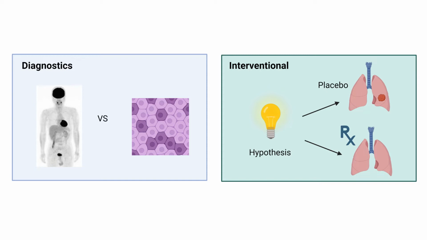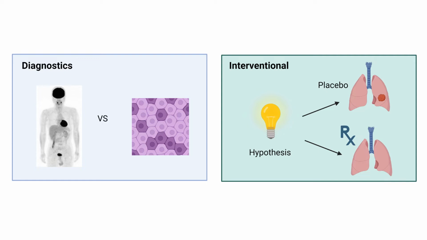The differences between diagnostics and interventional studies also come into play when we look at bias. So you have to have specific investigations to see what diagnostic bias looks like, and you can't just take data from interventional studies where the bias is present and try to transpose it onto diagnostics.